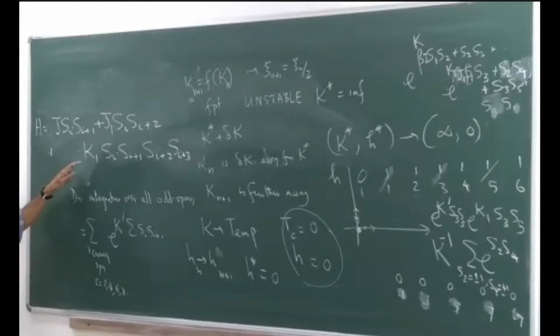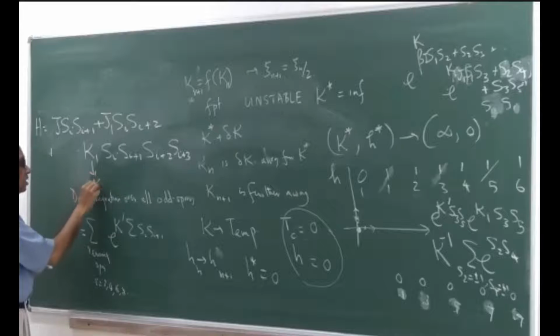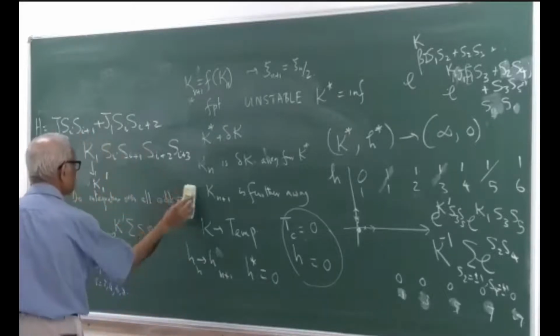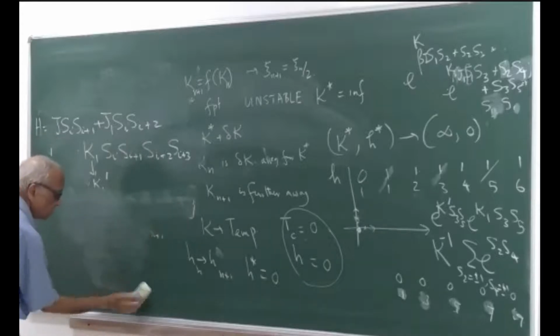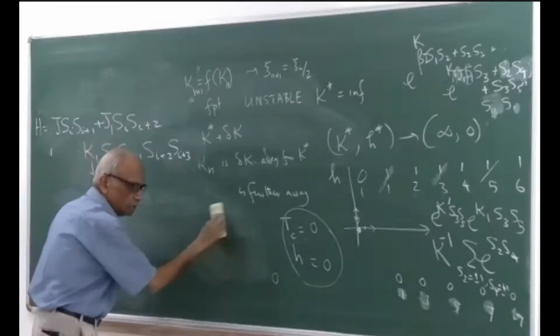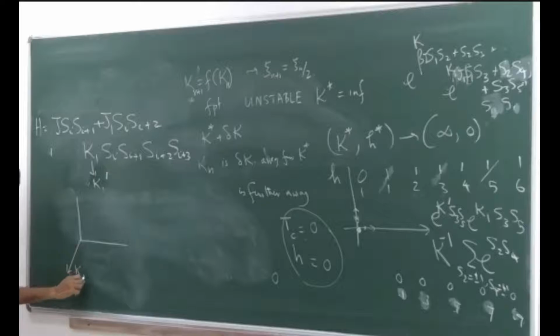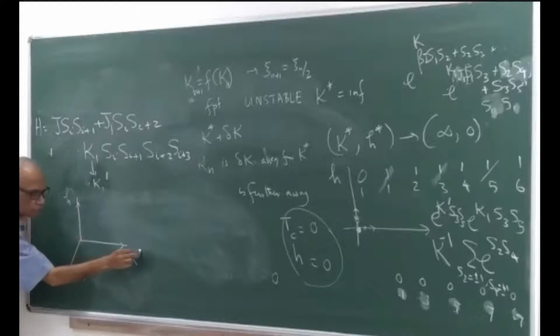And the point is that when this goes to some k1 prime, suppose I have just one, then I have a 3-dimensional space: there is this k1 here, there is this k, and there is an h, right? And the fixed point, let's say, is, I know that as you said, let's put a k inverse.